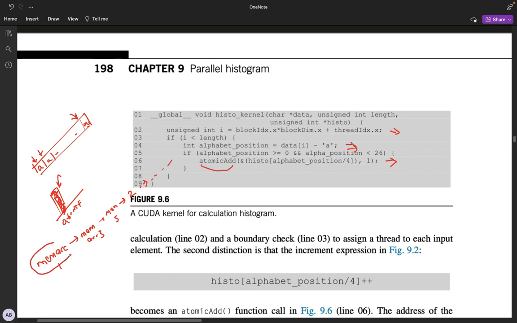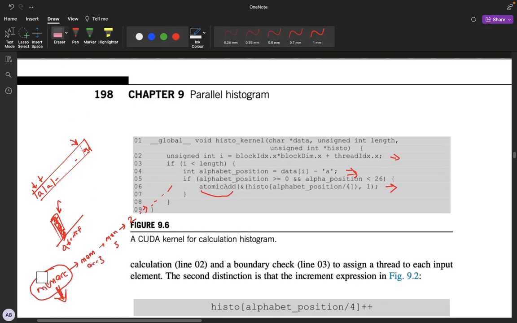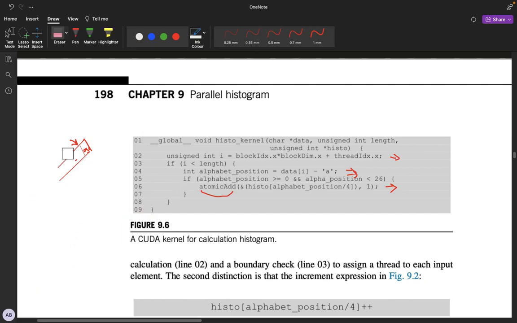So each memory access has a latency of the actual global memory access latency. So there is no latency hiding here. And because of this, the execution time of the kernel would be too high. So we would want to optimize that now.